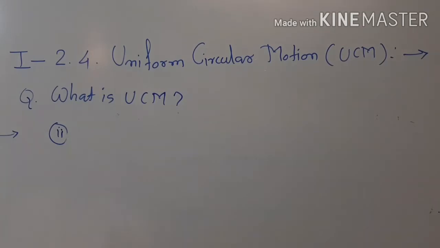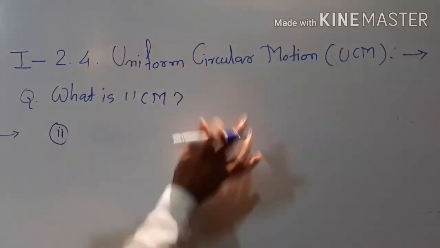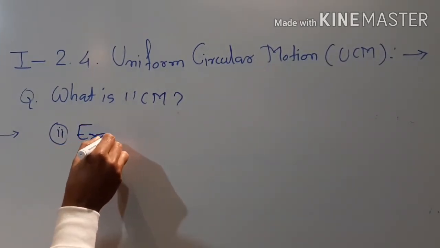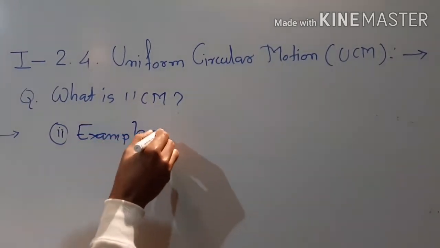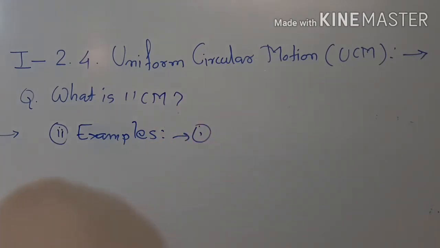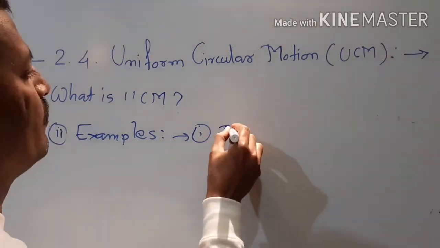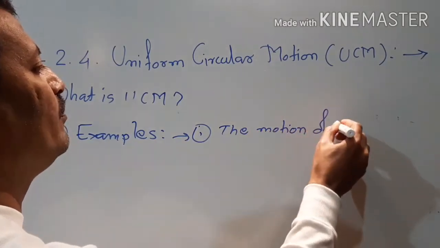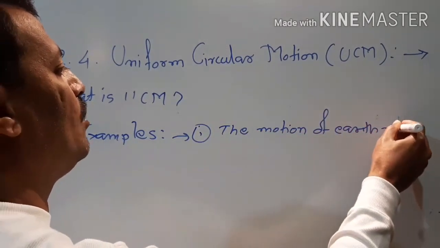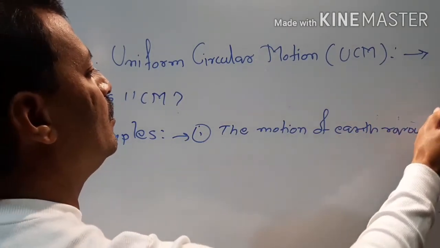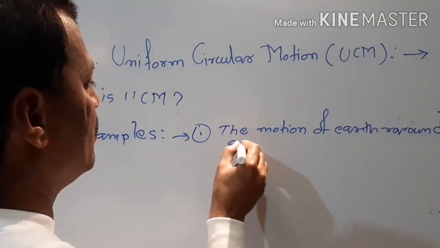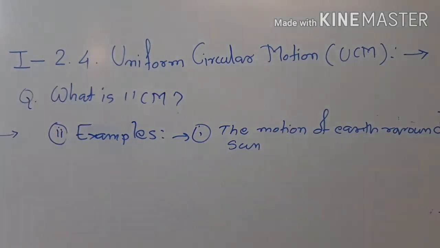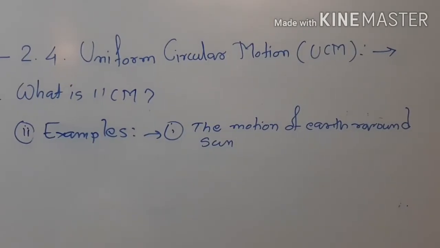So write down the second point: examples. First example is the motion of the earth around the sun.